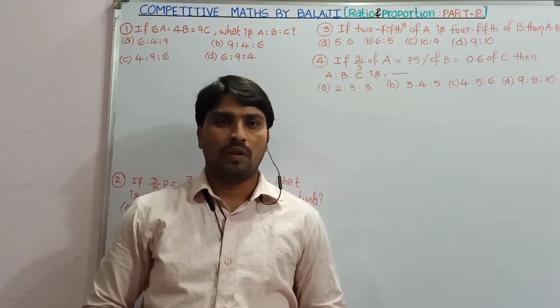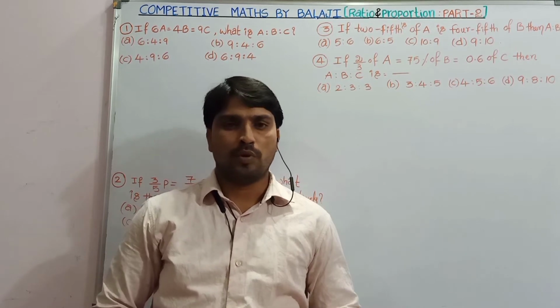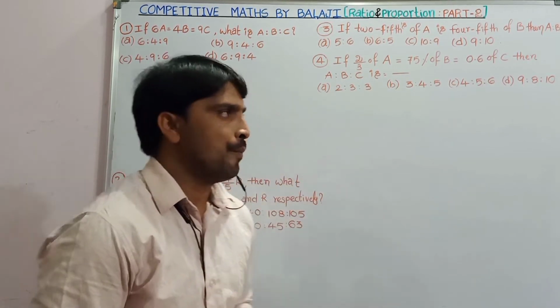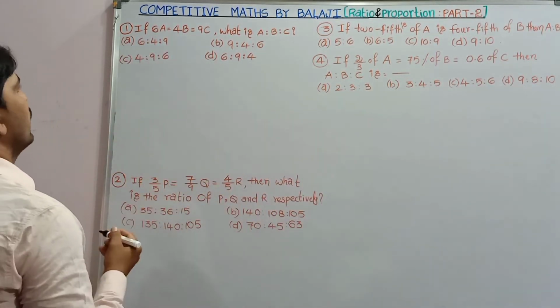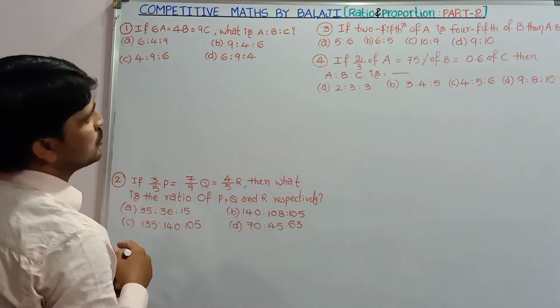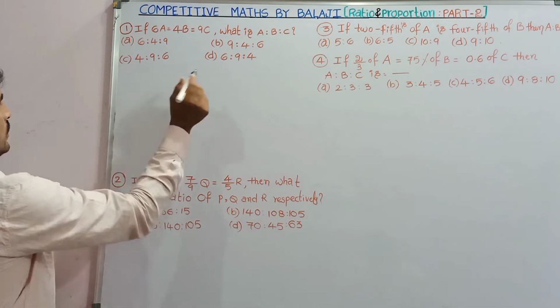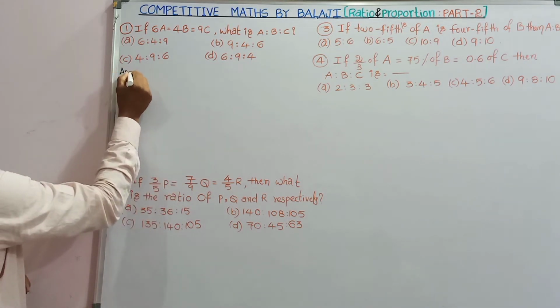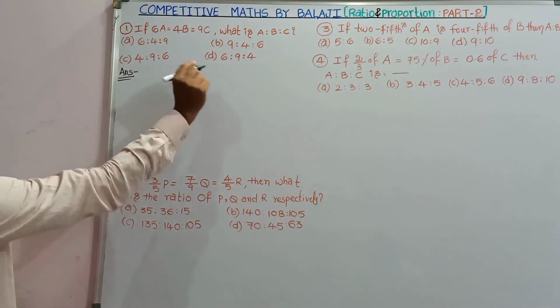Let us see some problems on inverse ratio. First question. If 6A equal 4B equal 9C, what is A is to B is to C? First of all, we can solve this by two methods.